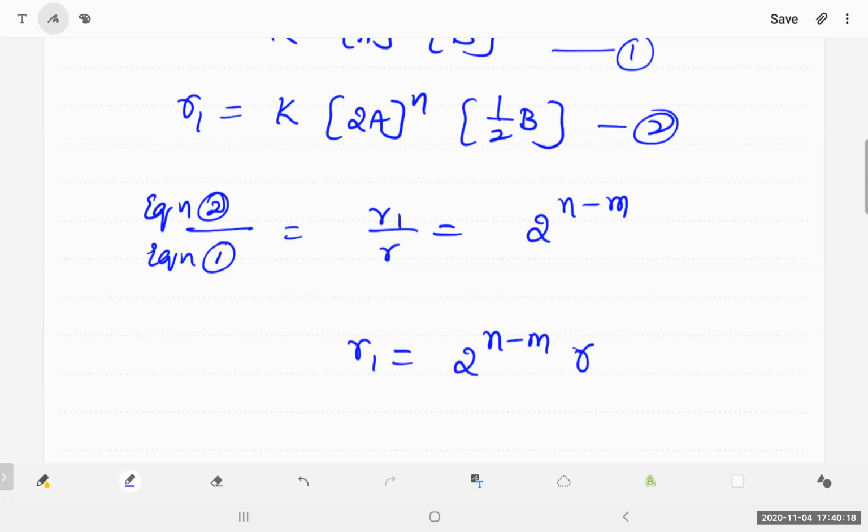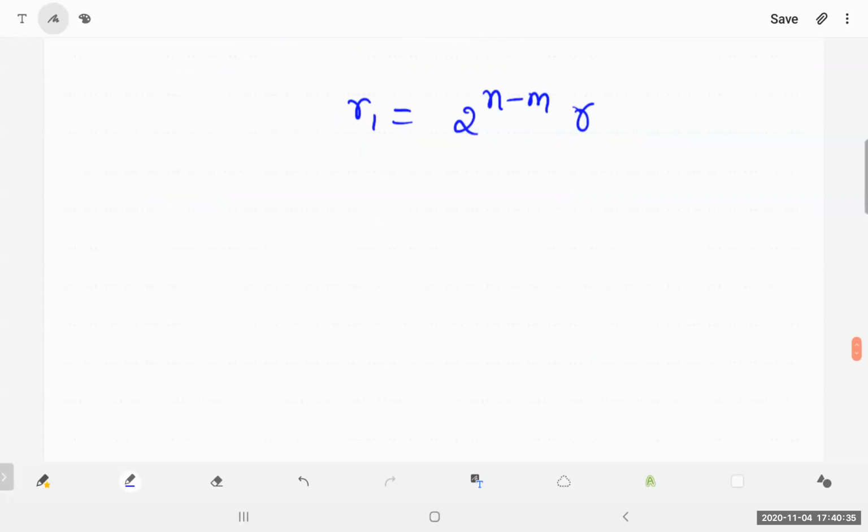Hydrogenation of vegetable ghee at 25 degrees Celsius reduces the pressure of hydrogen from 2 atmosphere to 1.2 atmosphere in 15 minutes. The rate of reaction in terms of molarity per second? Fifth question.